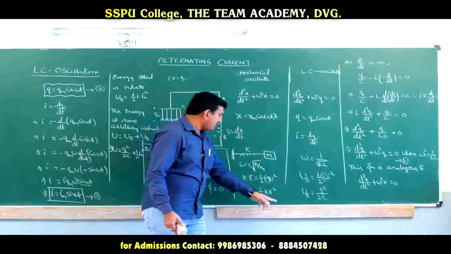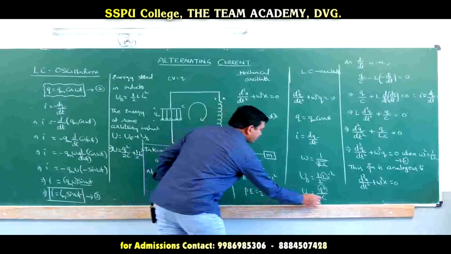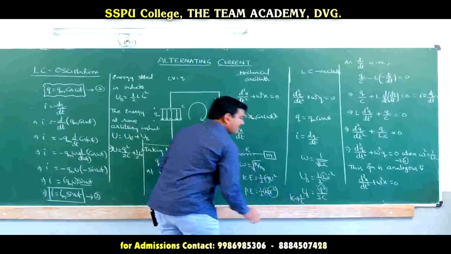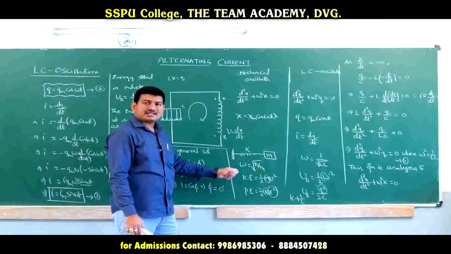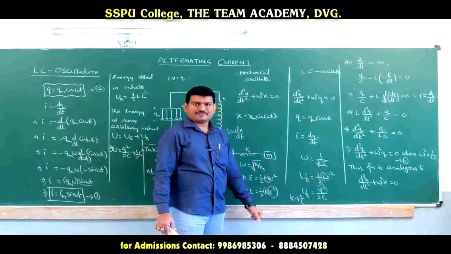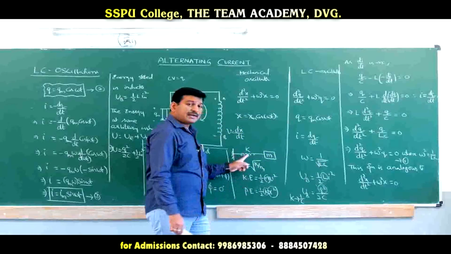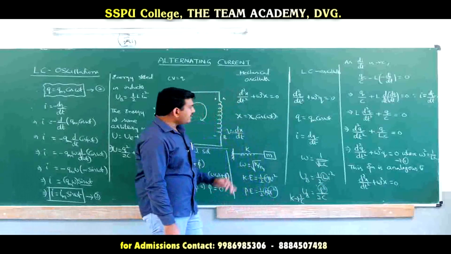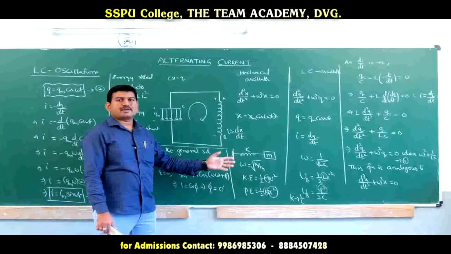Then taking x replaced with Q, K is replaced with 1/C. That means K, the spring constant in the mechanical oscillator, is analogous to the reciprocal of capacitance. Mass is analogous to electrical inertia, that is inductance, whereas the spring constant K is analogous to the reciprocal of the capacitance. In this way, we can relate the LC oscillations with a mechanical oscillator like a spring-block system.